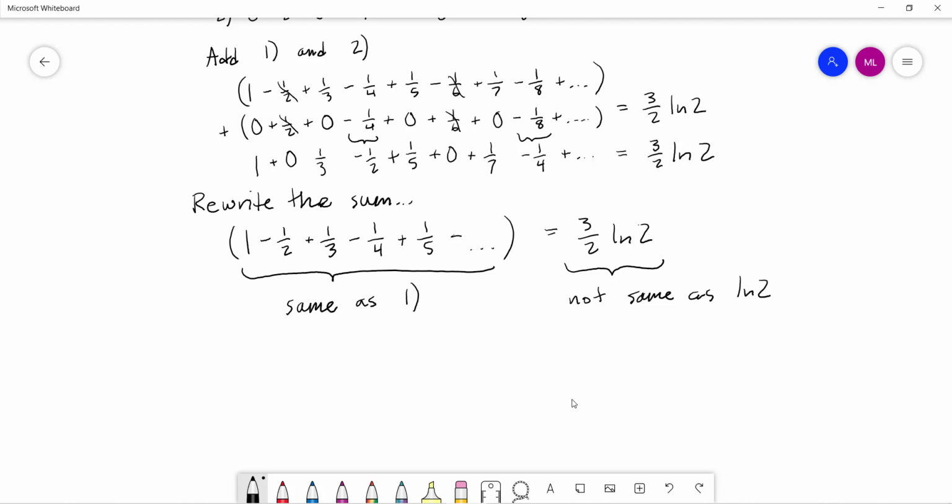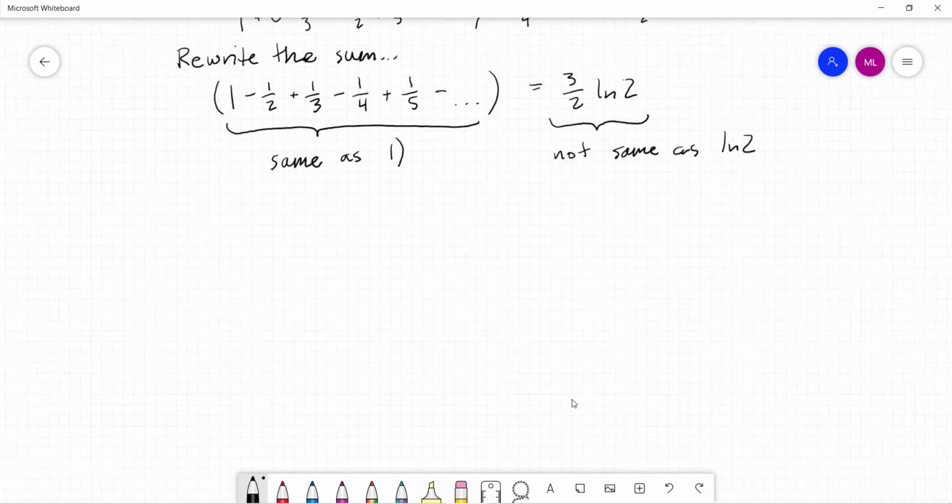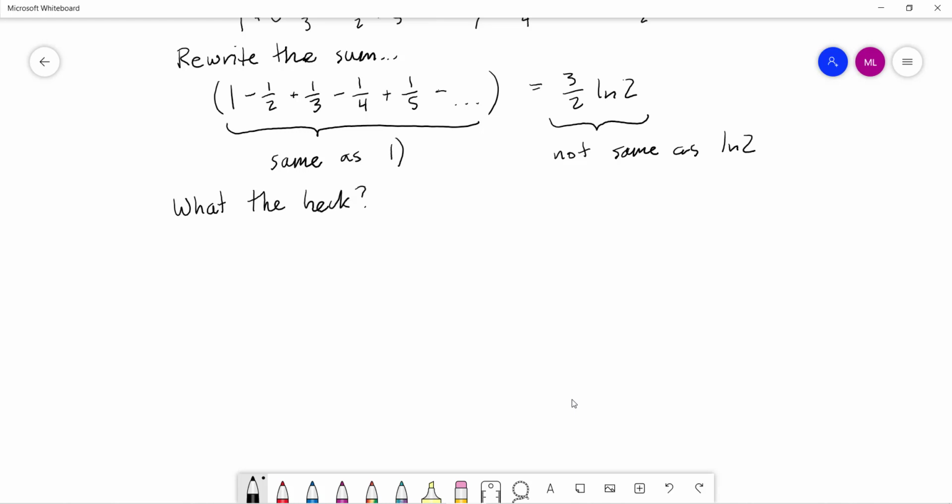So what on earth does this mean? What the heck? Keep it rated PG here. So what the heck? Well, as it turns out, conditionally convergent series, even if we show that they converge, if you rearrange the terms, they converge to something different.